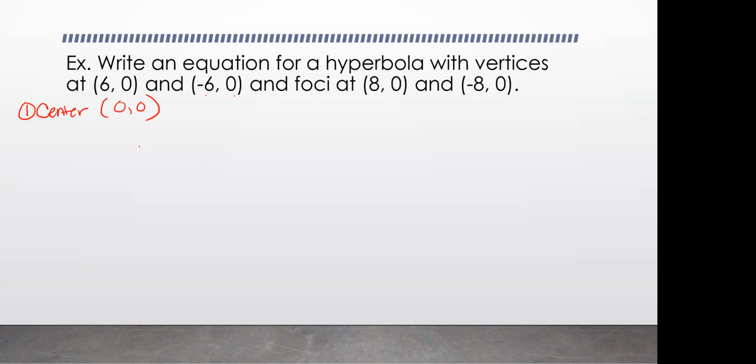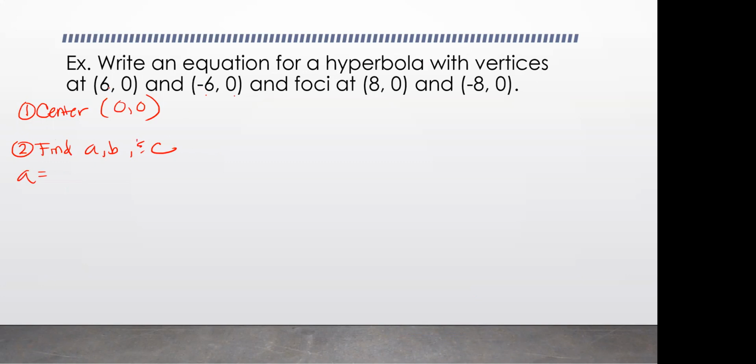And then the next thing we need to do, once we have the center, is find the values of a, b, and c. So a is the distance between the vertex and the center.